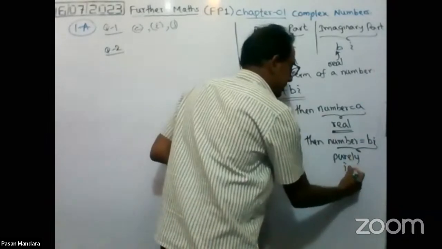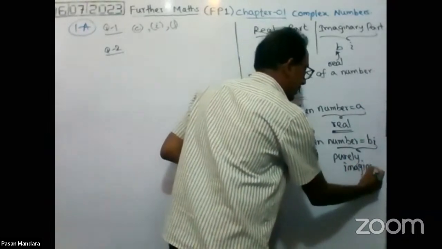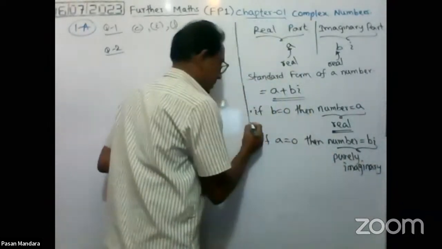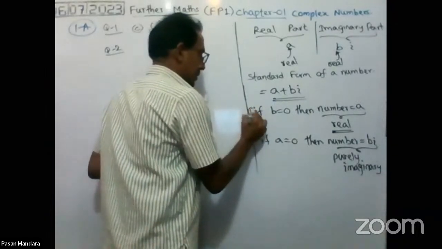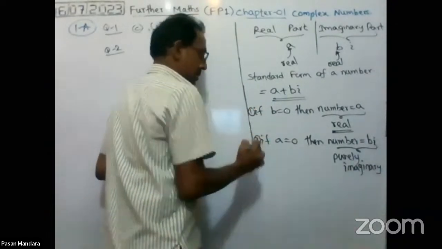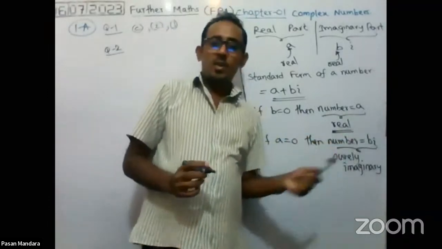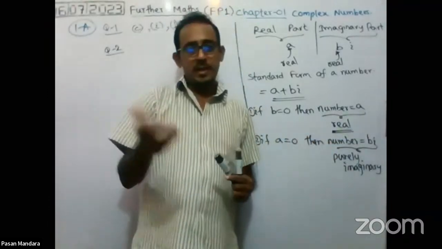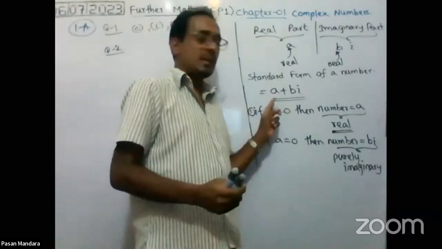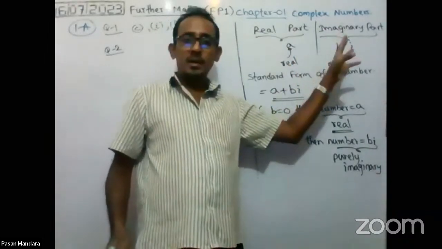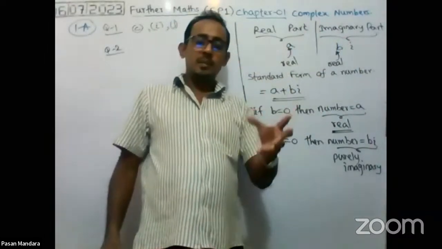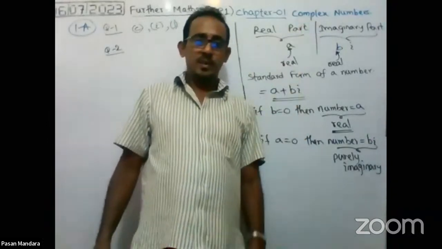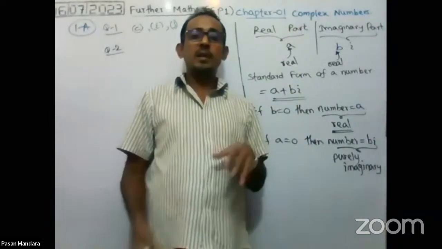Purely imaginary. If you get just, say, we are not going to say purely real, it's real. But if the a part is 0, if you are getting just this part, like 2i, that is called purely imaginary. When both are together, we say complex.